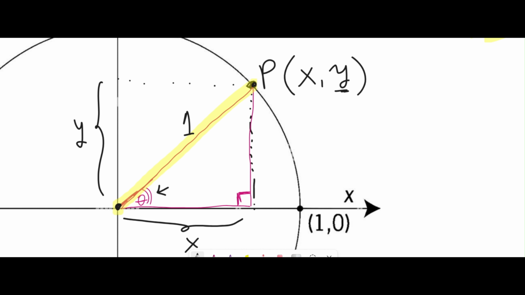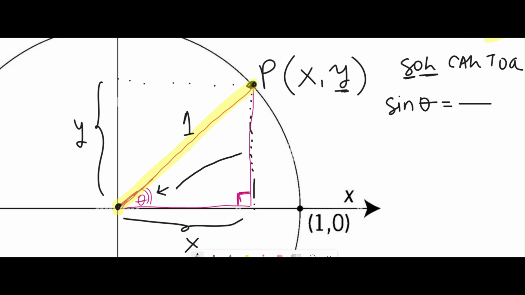All right. Now, let us focus on this angle again. If I ask you, what is the sine of that angle? Remember what we said: SOH-CAH-TOA, right? Sine is opposite over hypotenuse. What is opposite to our angle? Here we know it's y, right?